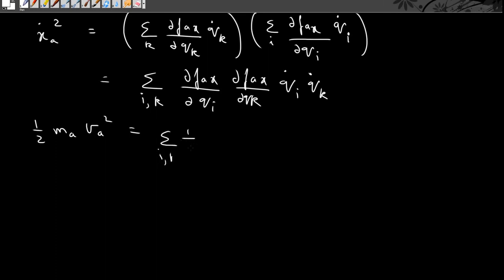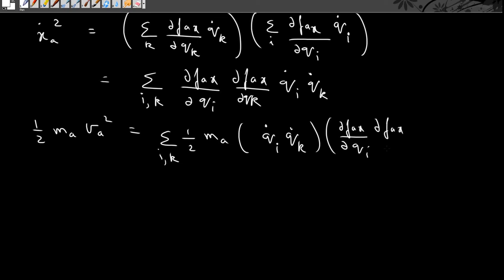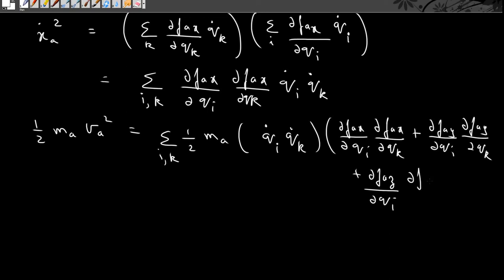the summation over i and k of half m_a into qi dot qk dot times dou f_ax by dou qi, dou f_ax by dou qk, plus dou f_ay by dou qi, dou f_ay by dou qk, plus dou f_az by dou qi, dou f_az by dou qk.